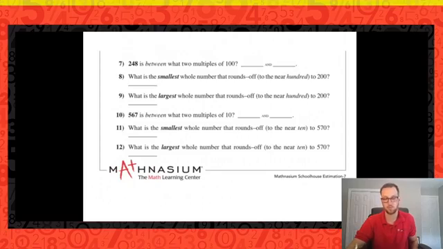248 is between what two multiples of 100? So if we're talking about multiples of 100, we want to look at our hundreds place. So 248 is closest to, or I'm sorry, it is between which two hundreds numbers? 200 and 300. Good job.